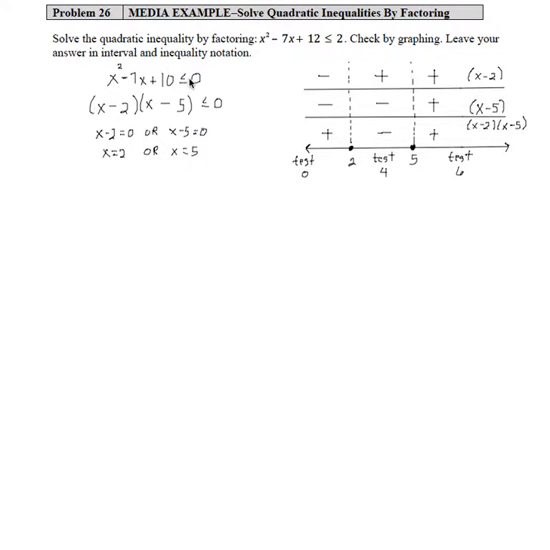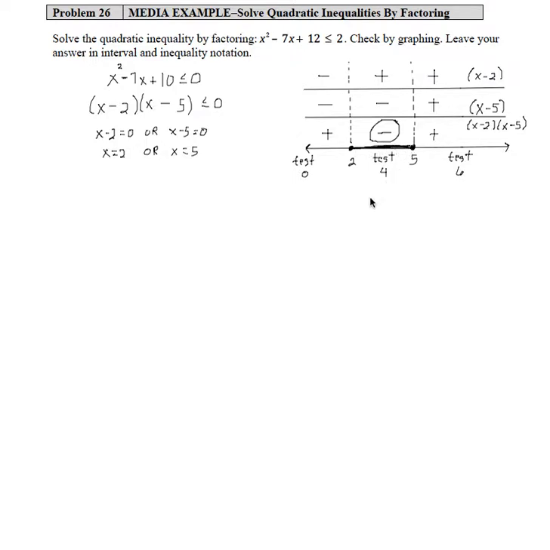I want the region that makes my product less than or equal to 0. So what I'm looking for is this region right here, including the endpoints, because I have less than or equal to 0, because at 2 and at 5, the product would equal 0. So here's my solution set, just drawn on the real number line.